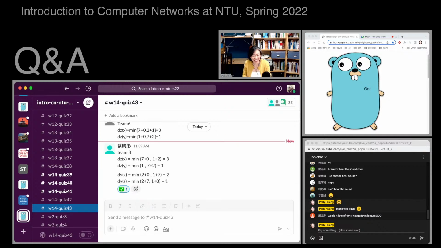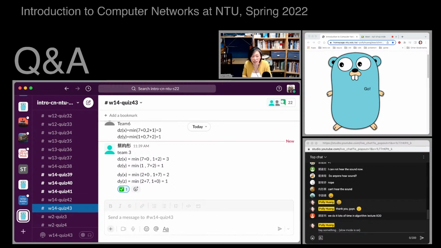So it turned out that we only needed less than 5 minutes. Very good. I see that at least many of you have already captured what distance vector is doing and how to do the Bellman-Ford calculation.